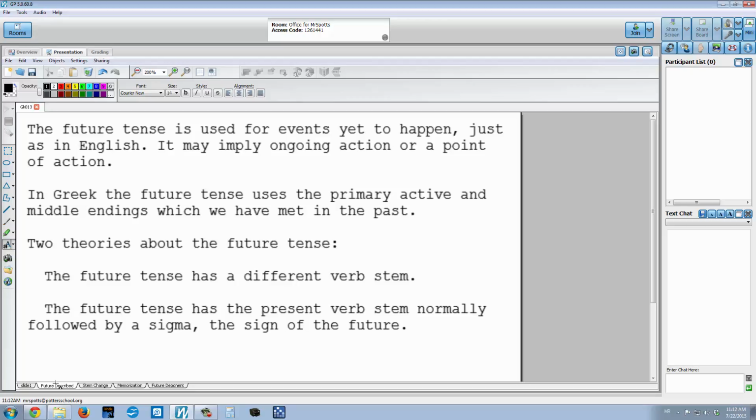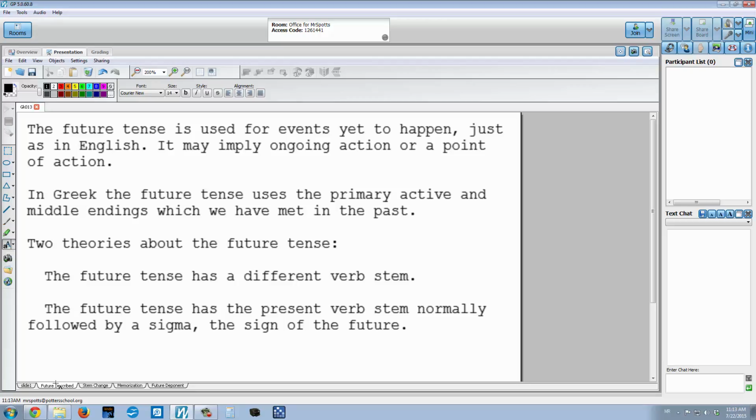In Greek, the future tense uses the primary, active, and middle endings. Let's remember what those are. The active endings, you take a moment and say your primary active endings to yourself. And I hope you said o, eis, e, omen, ete, ousi.